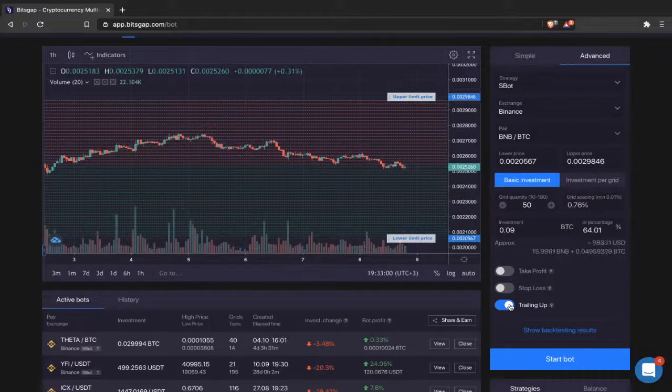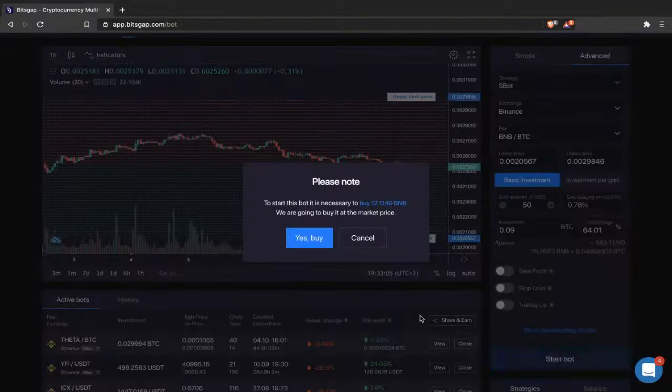Let's not use the training app. I will explain this later. Start the bot. So as soon as you click on start the bot, it will automatically tell you that in order to launch it, you must have enough of the base currency, in this case BNB. So if you don't have it on your balance, the system automatically recommends it to buy with a market buy order.